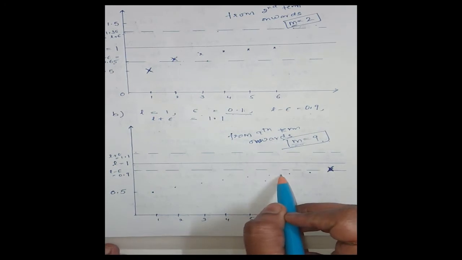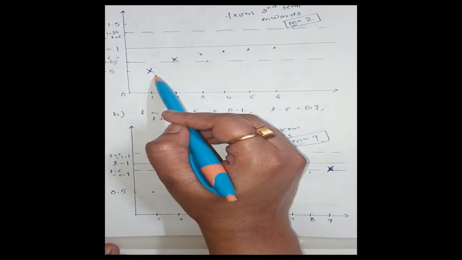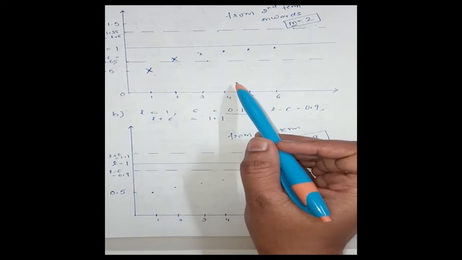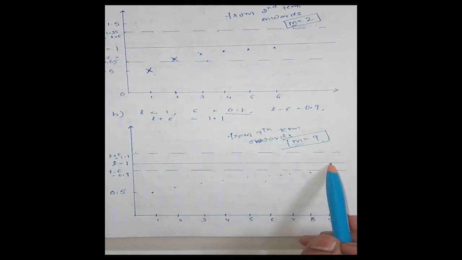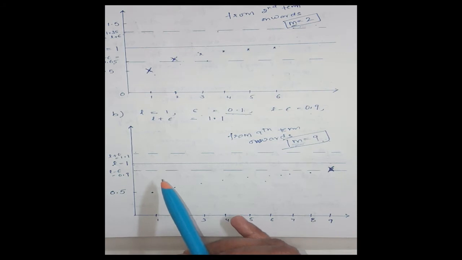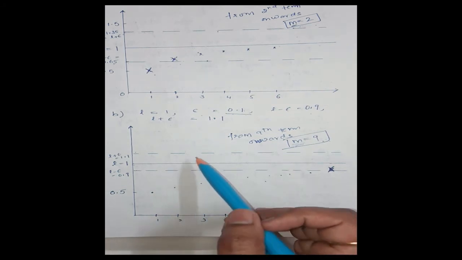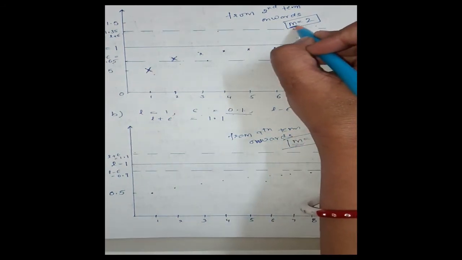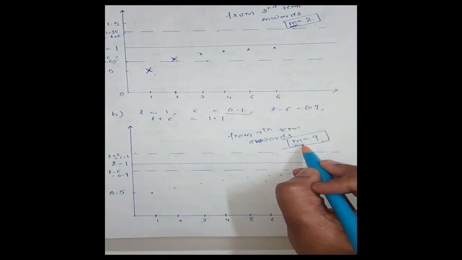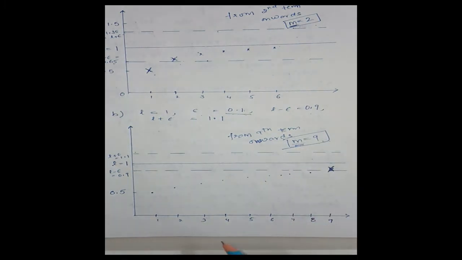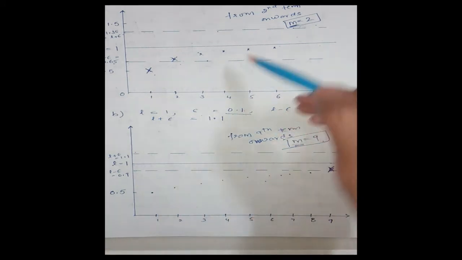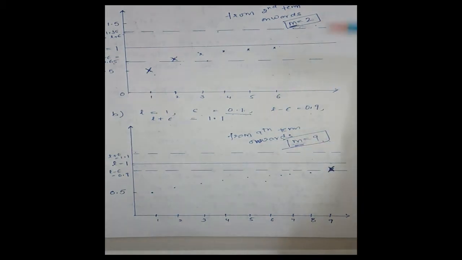That means all a_n for n greater than or equal to M will lie within the strip. It is clear. Here M is 2, here M is 9.